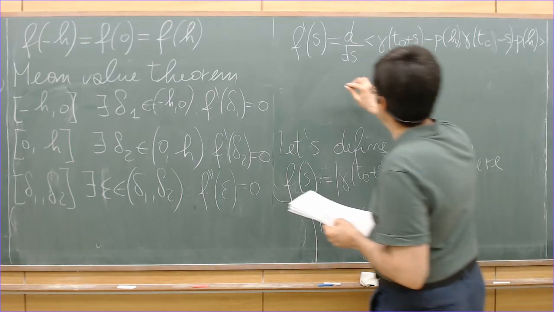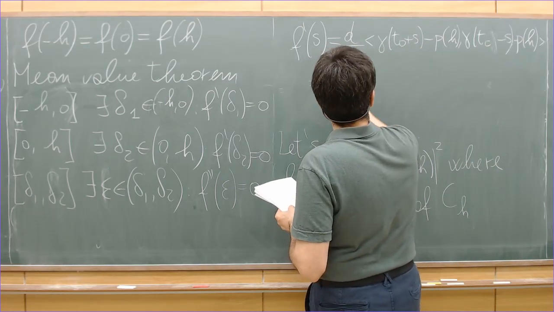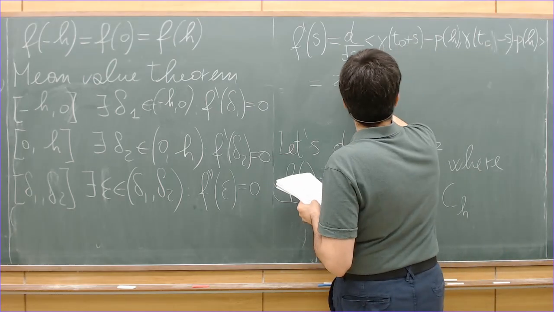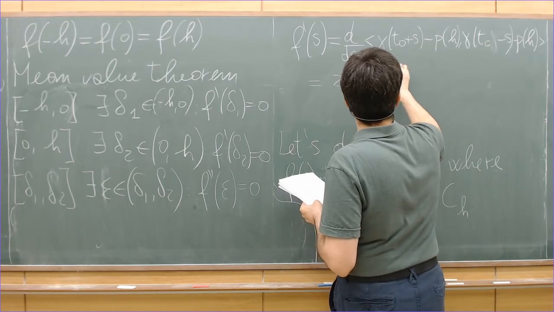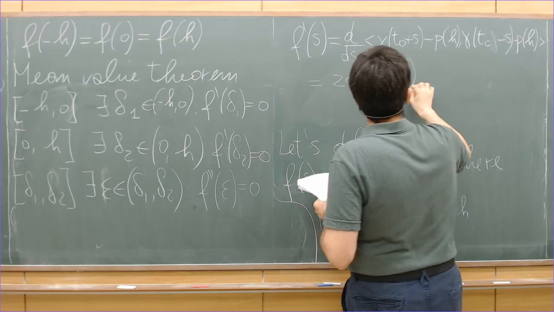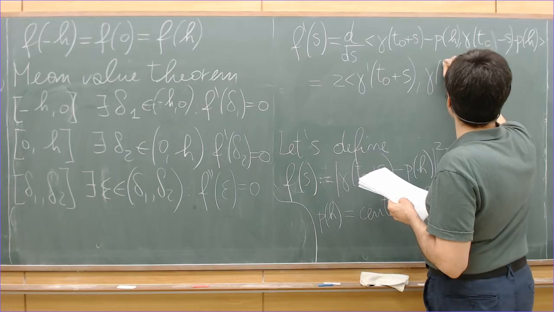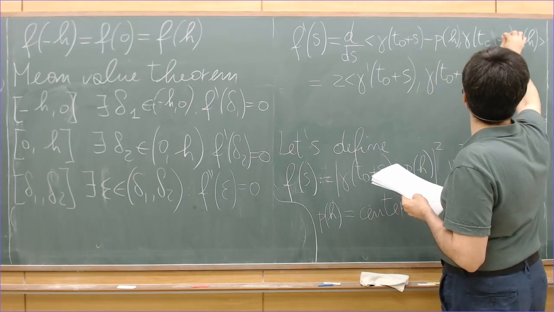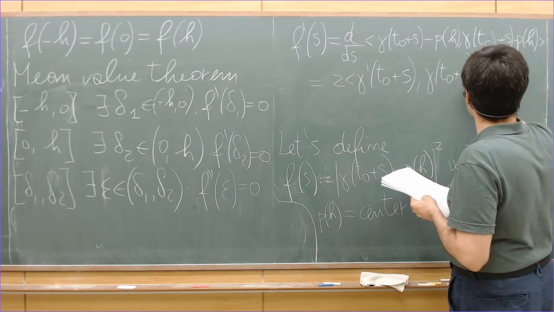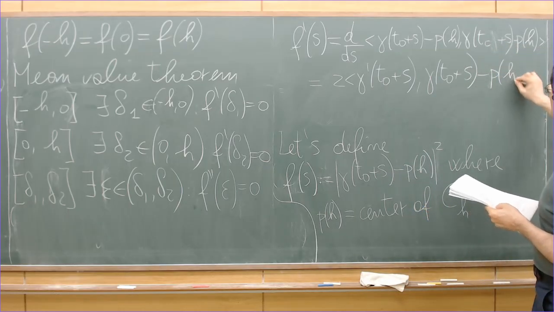So it is easy to get 2 times the inner product of gamma prime t0 plus s and gamma t0 plus s minus pH.